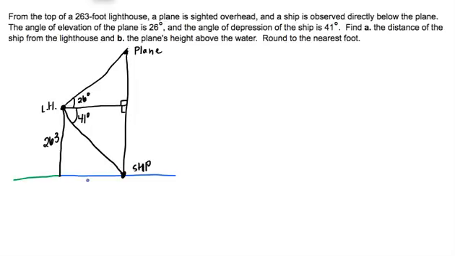Okay, so first I'll start with the ship's distance from the lighthouse, and we'll call that X for simplicity. We have lots of triangles to choose to use for this. We want this ratio X, so I'm going to use this triangle here because I need to include that distance X. Another way to do it though would be to realize that the distance X is the same as this length right here, and use the triangle that we've already drawn.